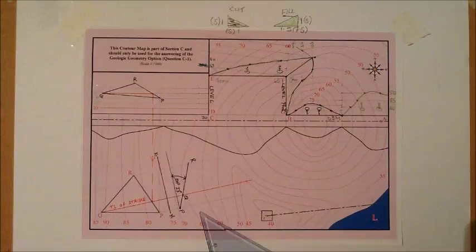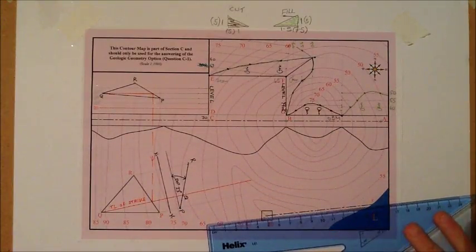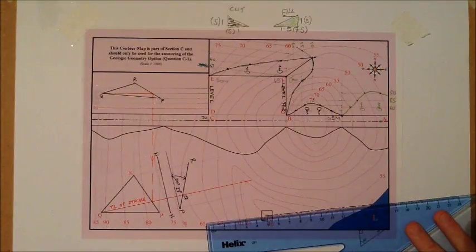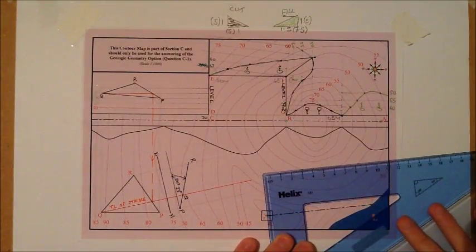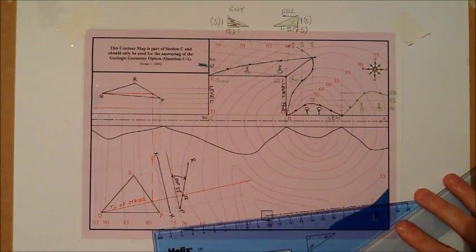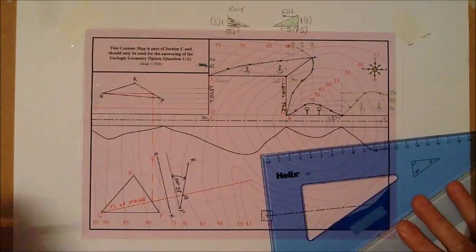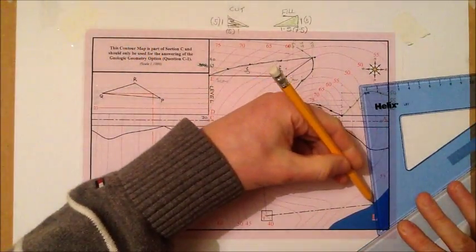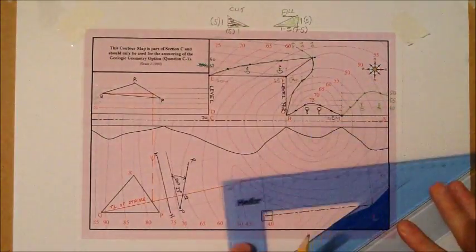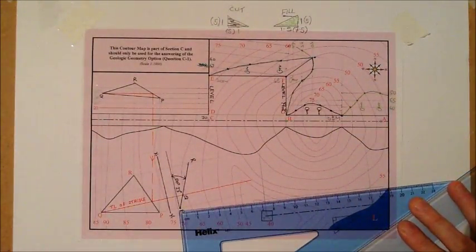Draw our lines with our sliding set squares up perpendicular from points S and T. Going to draw in our x1, y1 line here.